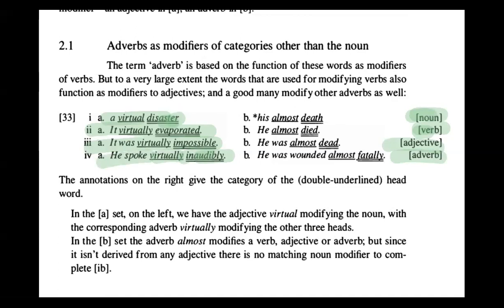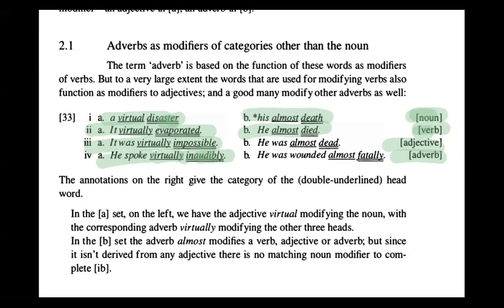These are also adverbs. His almost death, no. So usually adverbs cannot occur before the noun. He almost dead, okay. It can occur before the verb because here almost is a modifier. Almost is an adverb which modifies the verb die.